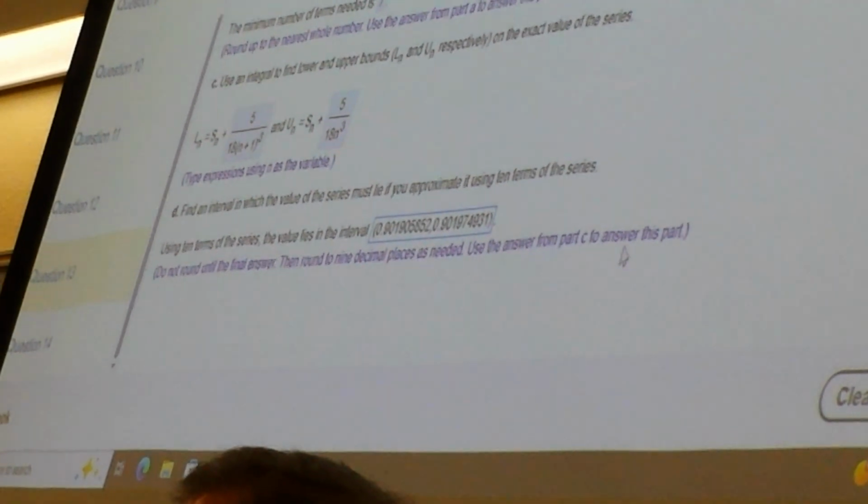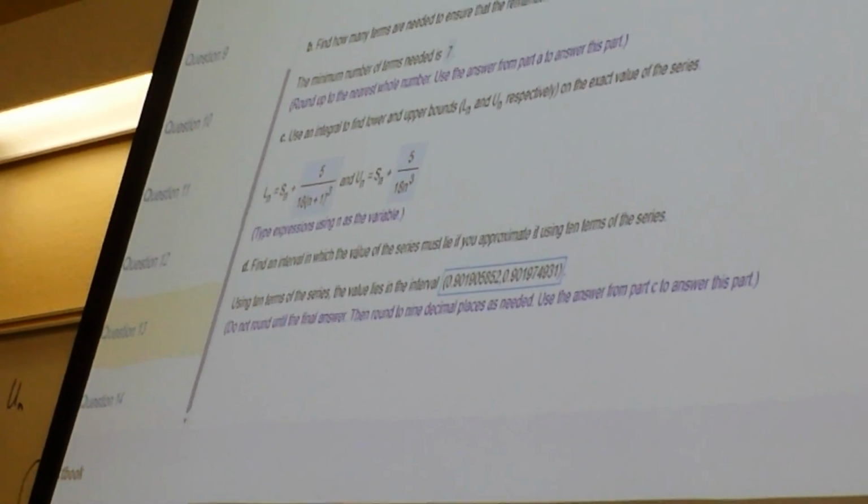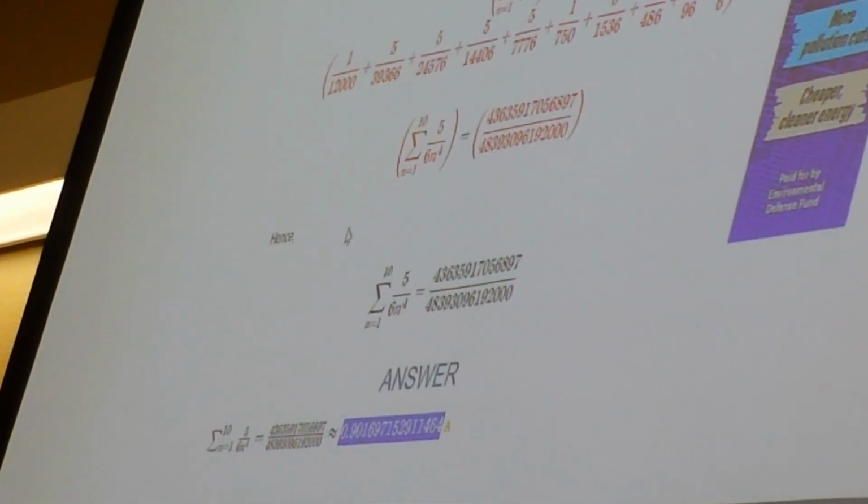Round to 9 decimal places, use the answer from part C to answer this part. The only thing I can imagine is that this calculator is not correct, but how can that be wrong? The term on the left is supposed to be the upper or the lower bound?